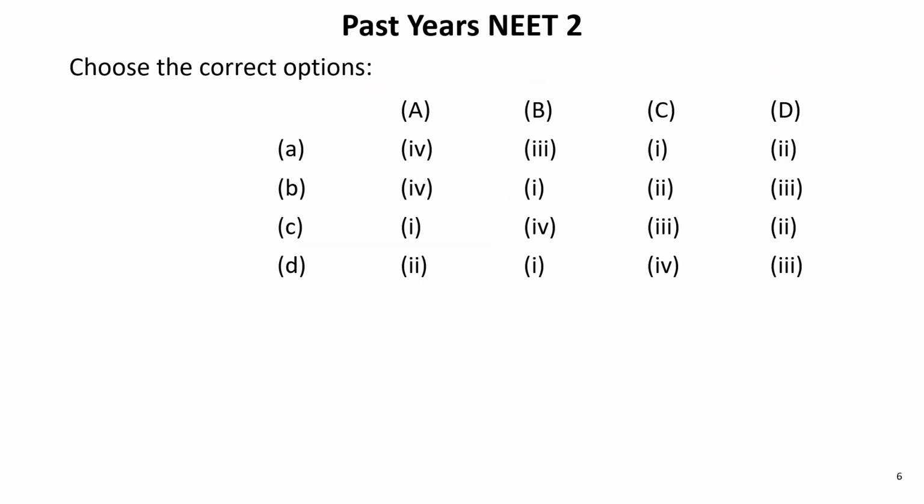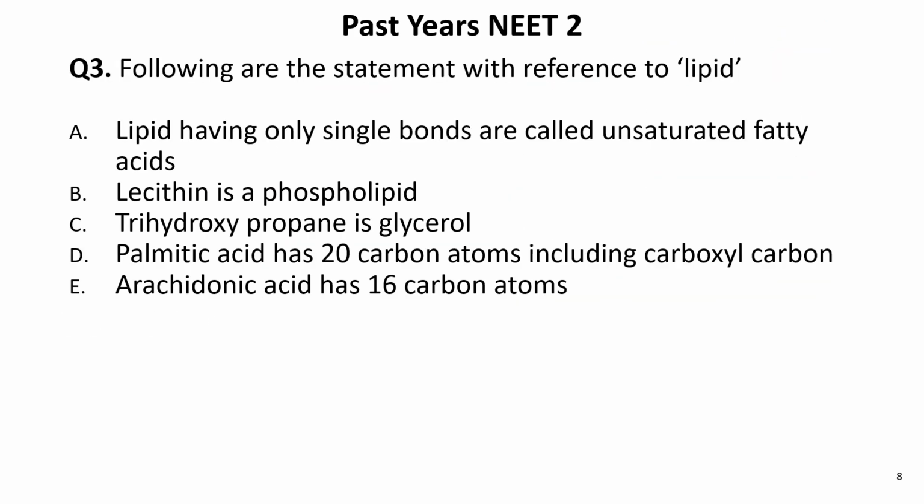Next, the following are statements with reference to lipids. So these are all the 5 statements concerned with lipids. Okay, so let us read these statements one by one. Lipids having only single bonds are called unsaturated fatty acids. Lecithin is a phospholipid.